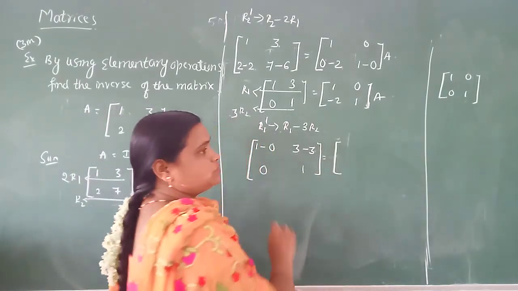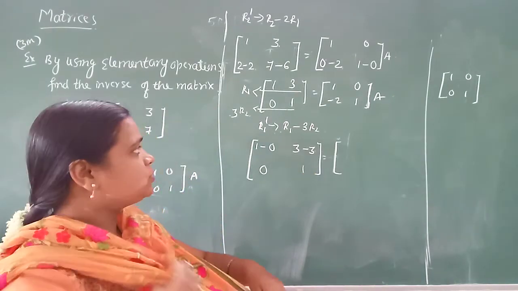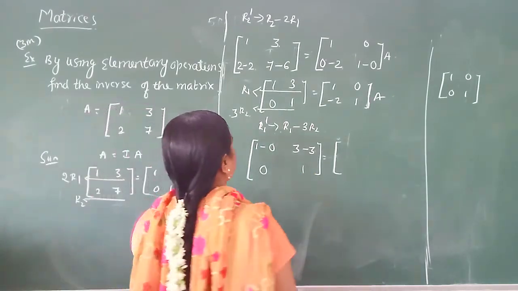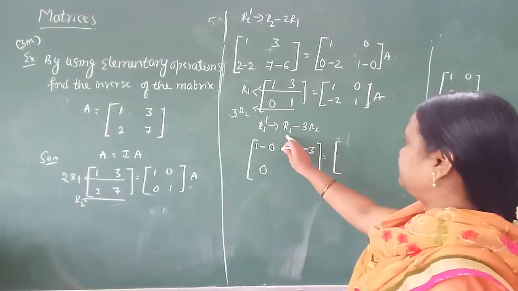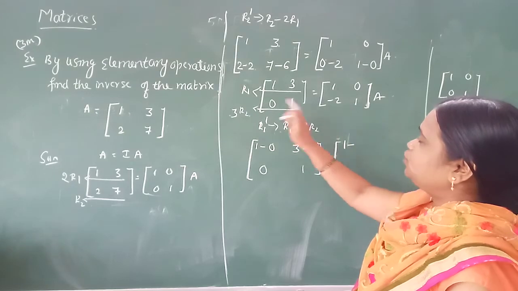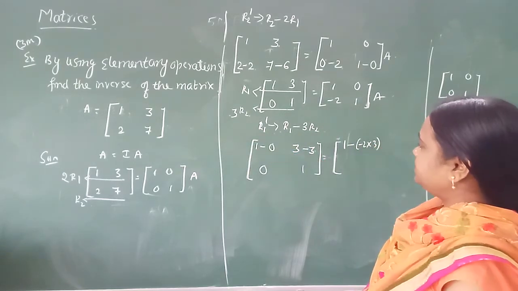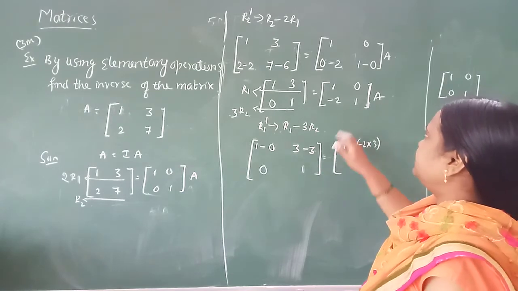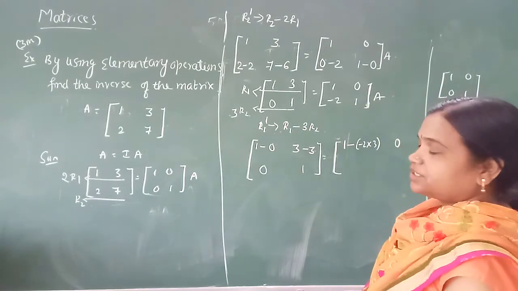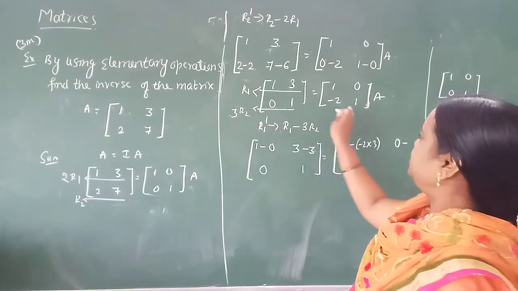Next, the same changes happen on the other side of the equal sign. Next, see, R1: 1 minus 2 into 3, minus 2 into 3. Okay. Next, 0 minus 3 into 1.